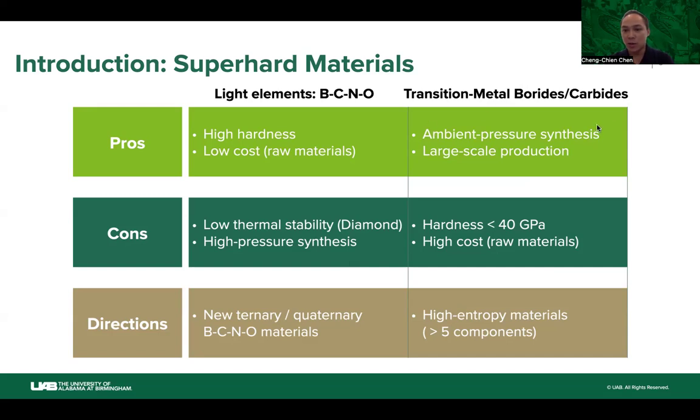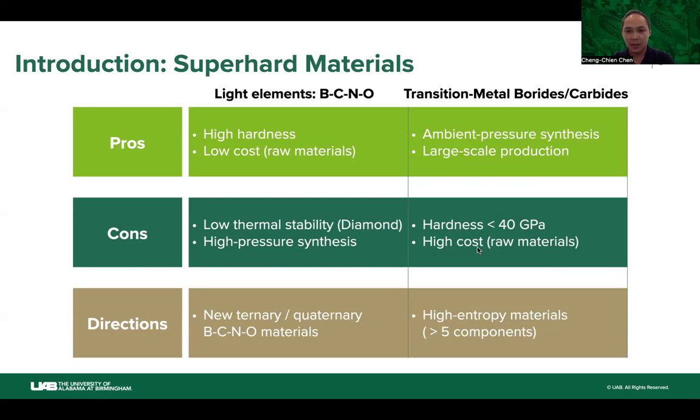For the transition metal borides or carbides, the advantage is that they can be more easily synthesized at ambient conditions, thereby facilitating large scale production. And the hardness values are sometimes smaller, less than 40 GPa. Also, the raw materials can be more expensive, especially for the transition metals.